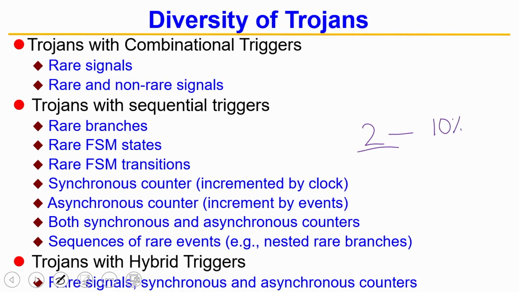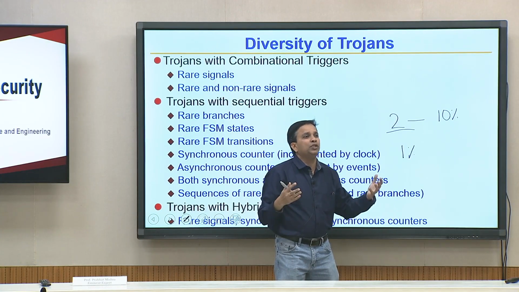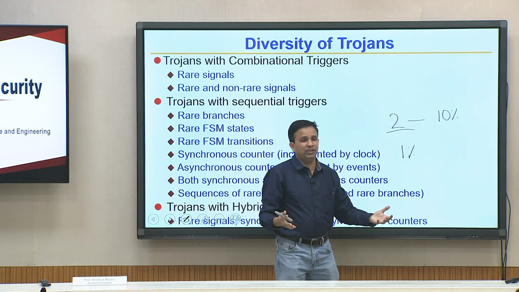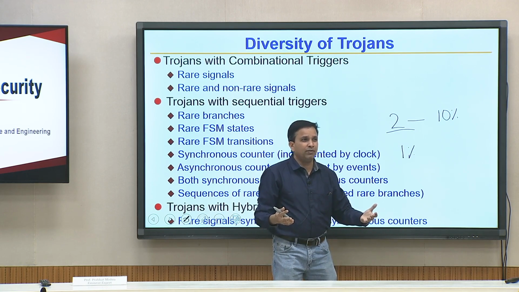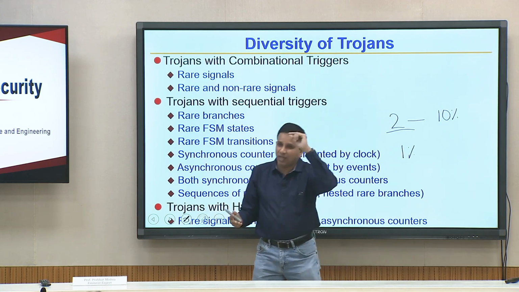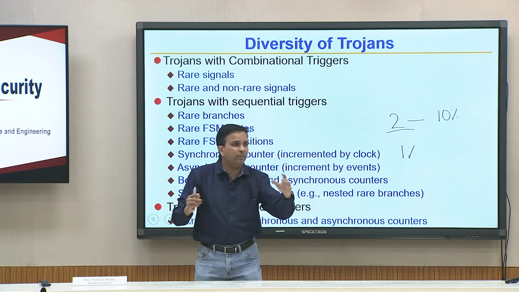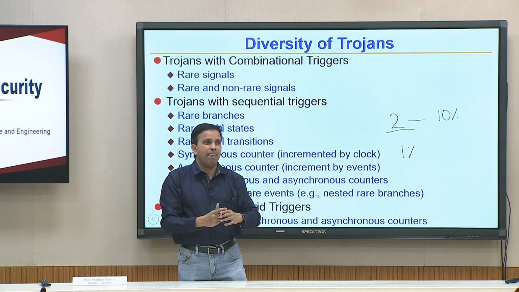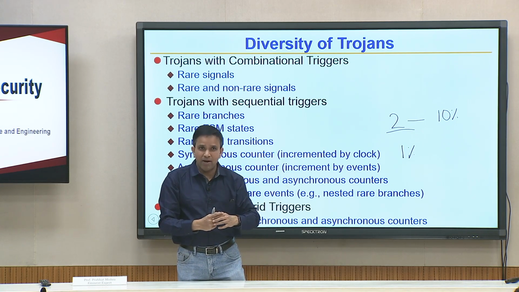Even if I do not go for that, I go for 1% variation in time, power, area, 1% of a million is huge, in the order of thousands. You could potentially add thousands of gates, still you will not be detected in a chip, in the power and all that.